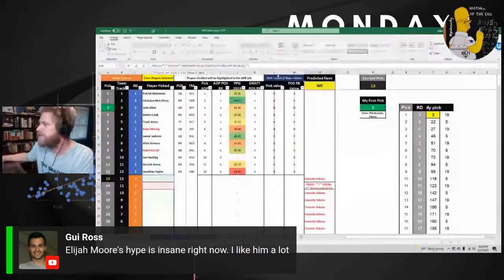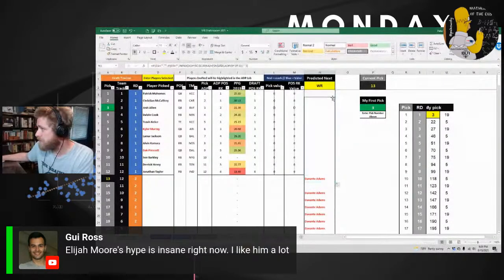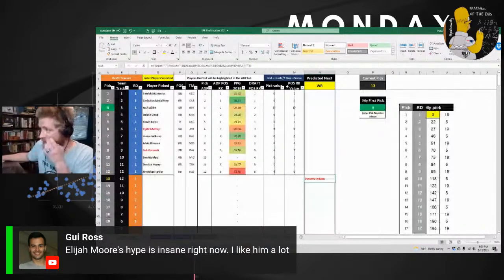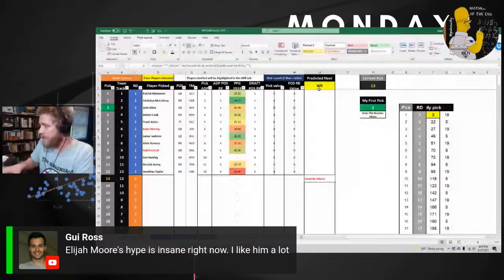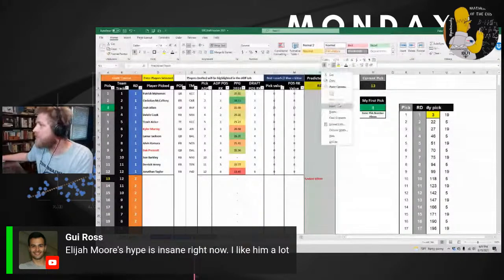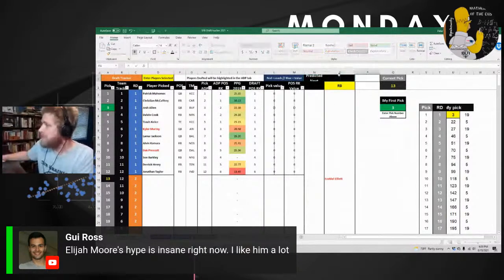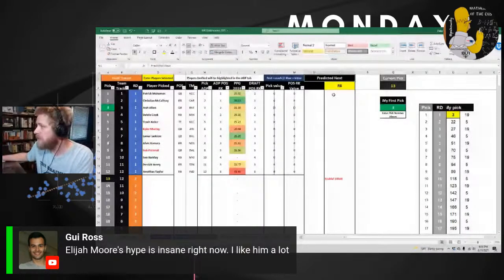Is that it? Yeah, I'll do it. So it tries to predict the next pick using ADP in this special column, and you can ask it to look for different positions.